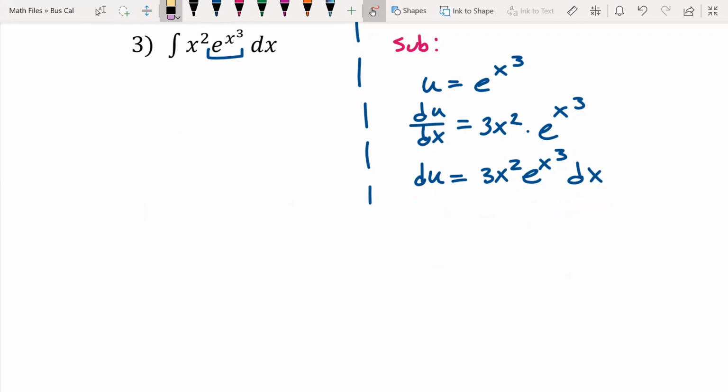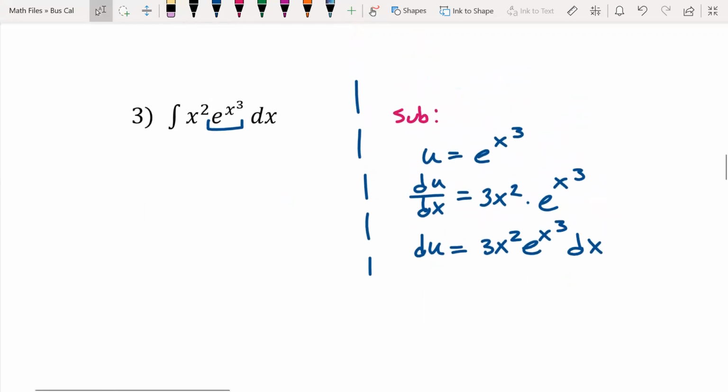Okay. So this is what's crazy about substitutions, is that if we relook at this, from the original integral, I have x squared e to the x cubed dx. And when I took the derivative of our substitution, I have 3x squared e to the x cubed dx. So I have the exact same statement here. So in order to make a sub for our original integral, I need to have x squared e to the x cubed dx by itself.